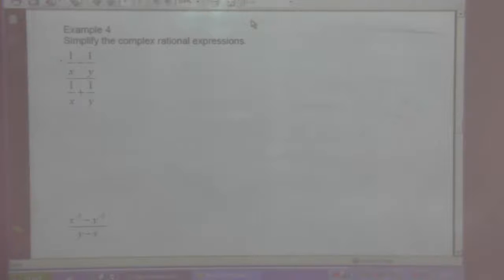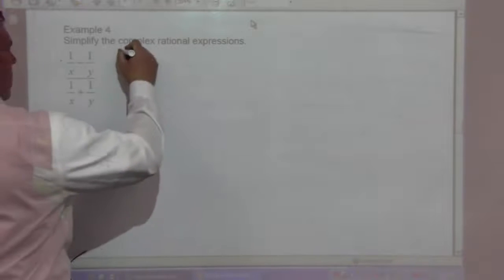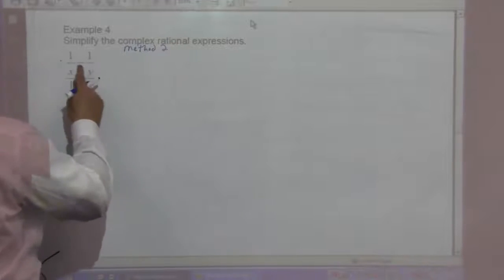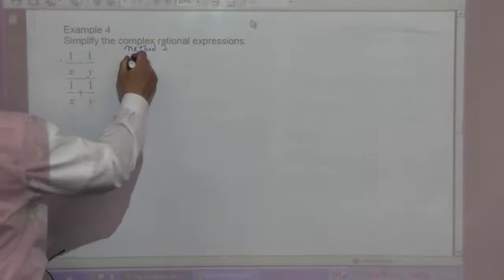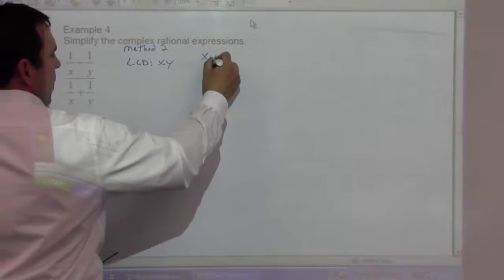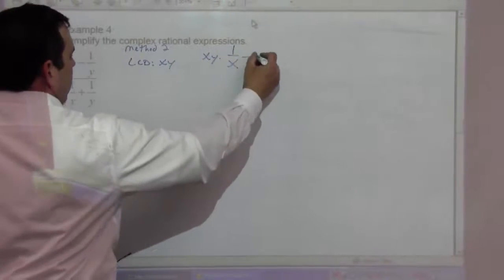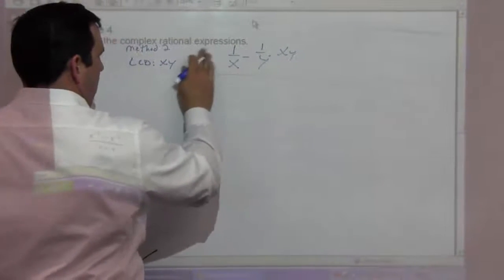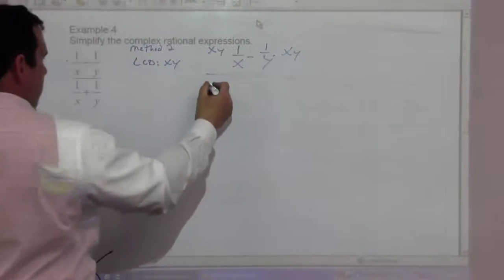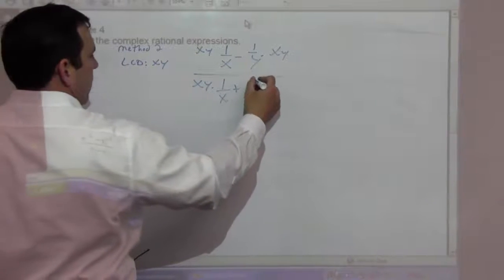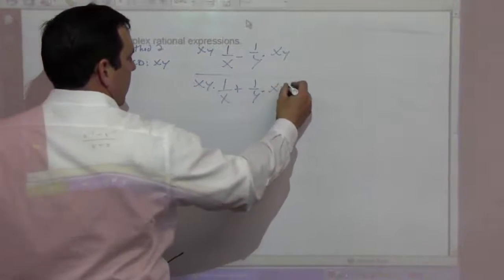I like method 2. So we have xy, xy. The LCD is going to be xy. So we'll have xy times 1 over x minus 1 over y, times xy, over xy times 1 over x plus 1 over y, times xy.